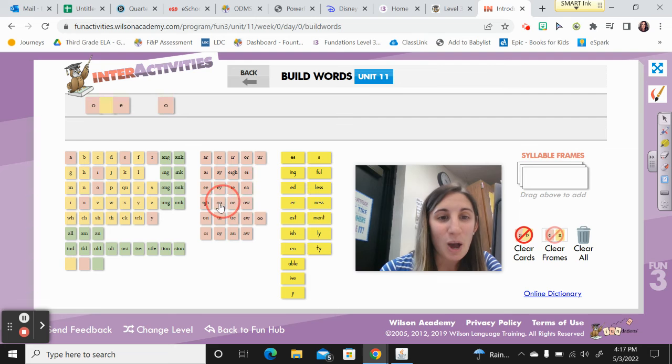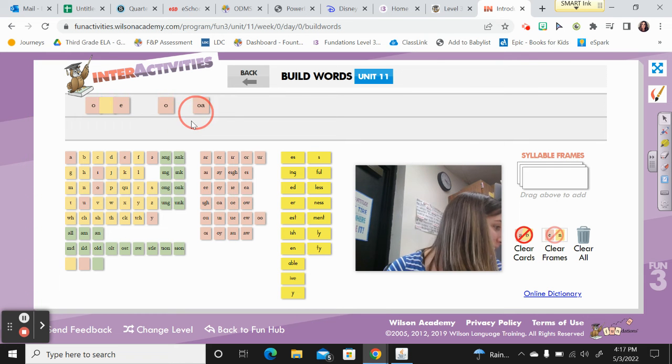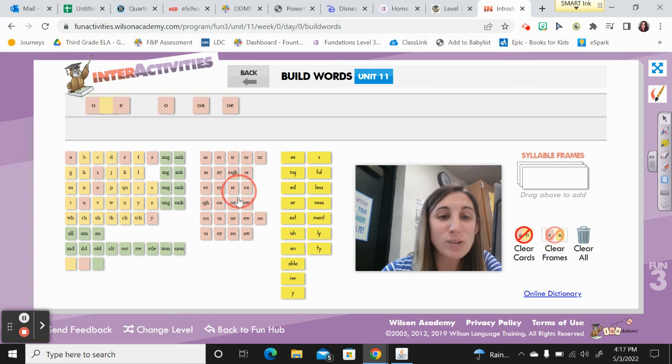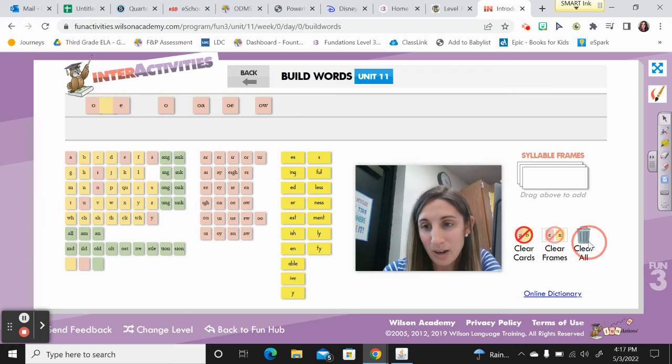Vowel teams. O-A, boat, O. Perfect. Keep going. O-E, toe, O. And the last one, O-W, snow, O. Very good. All right. You can go ahead and put those 5 things back that say O.